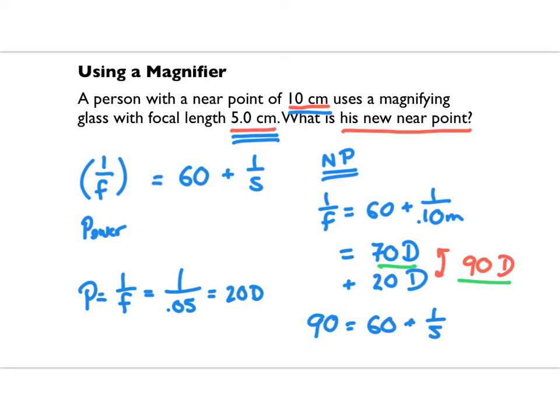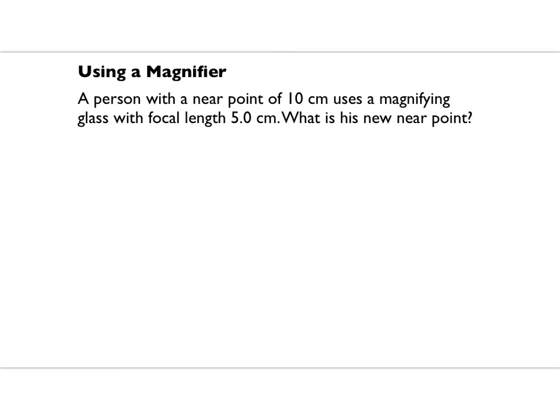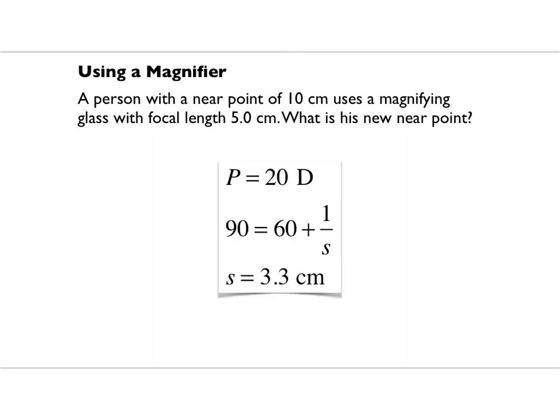What is the value of s? And what you get is a distance of about 3.3 centimeters. 3.3 centimeters if the lens for the magnifying glass as given. And so instead of being able to see something 10 centimeters away, I can see it 3.3 centimeters away.